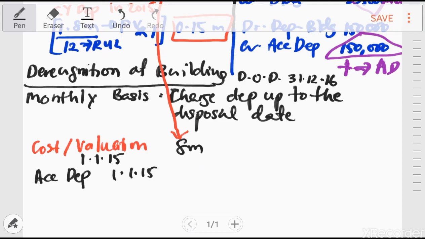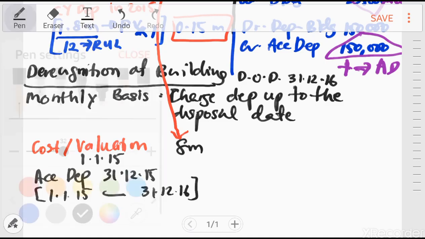So what you will do now, sorry, not as at 1st of January 15, as at 31st of December 15. Why? Because that is the date of derecognition. So you need to find the depreciation on this date. So it will be from 1st of January 15 up till 31st of December 16.